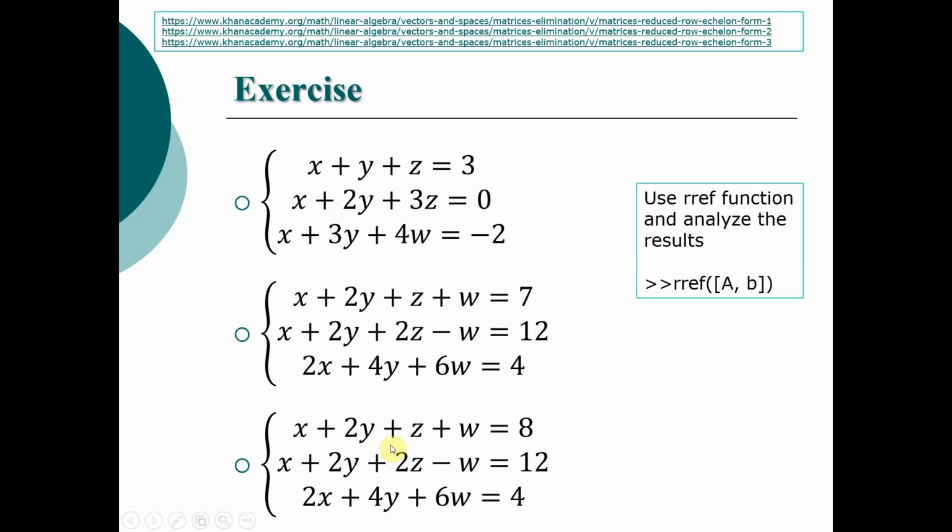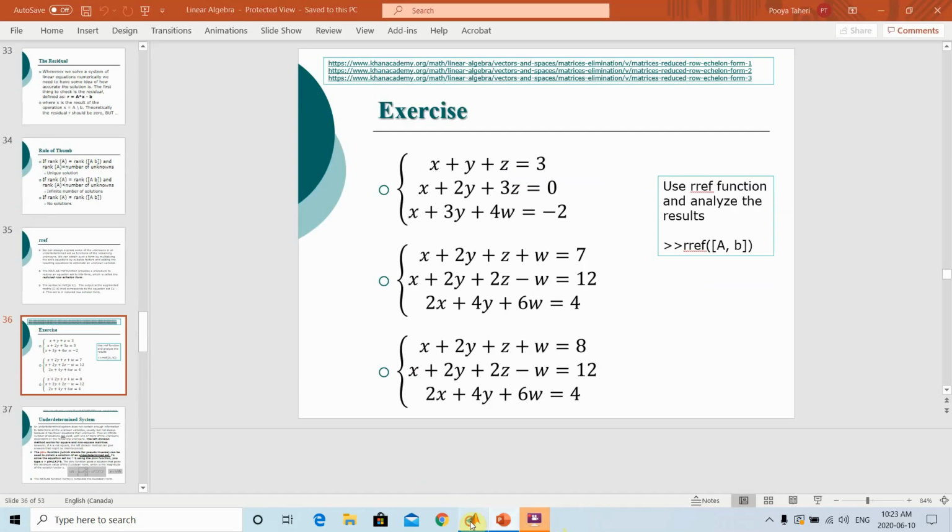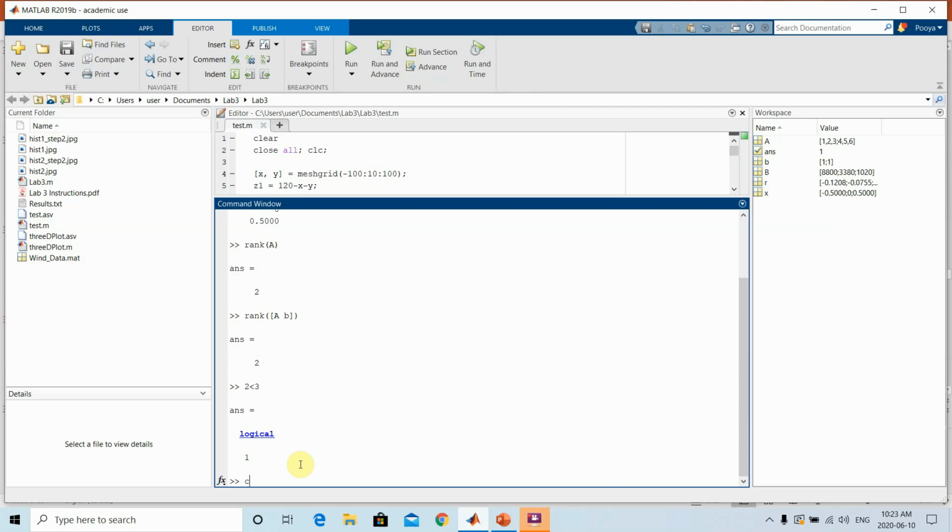So A is equal to 1, 1, 1, 1, 2, 3, 1, 3, 4, and b is equal to 3, 0, -2.